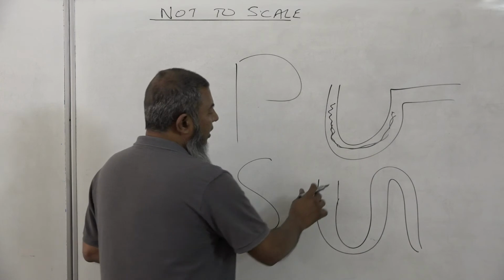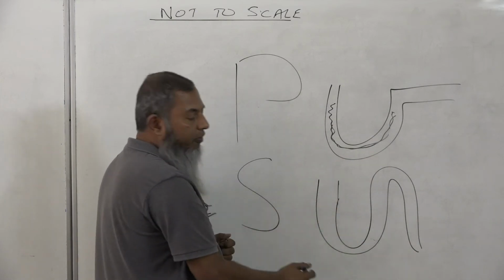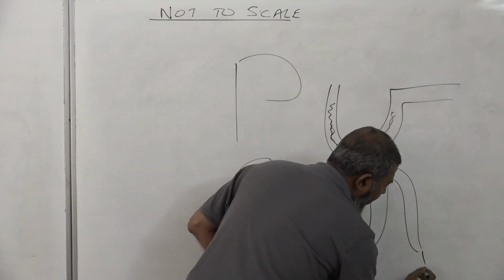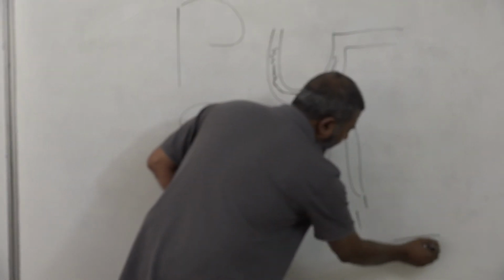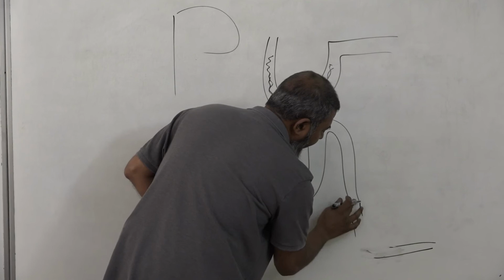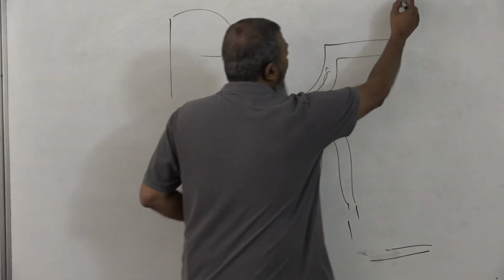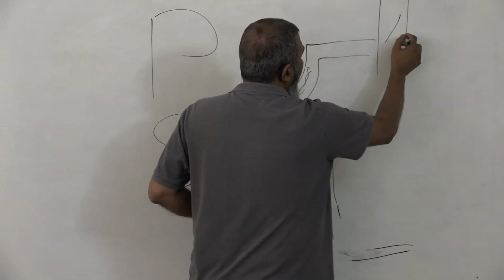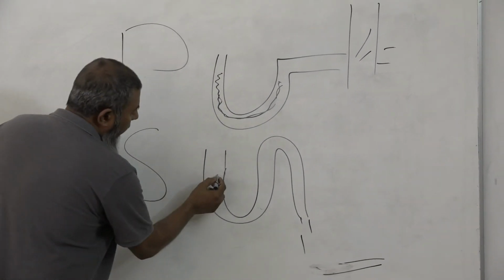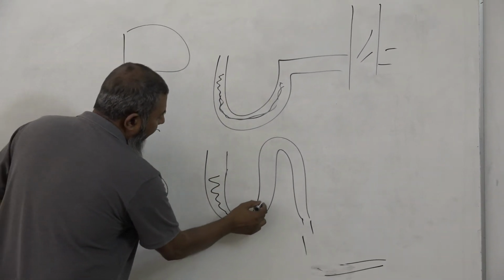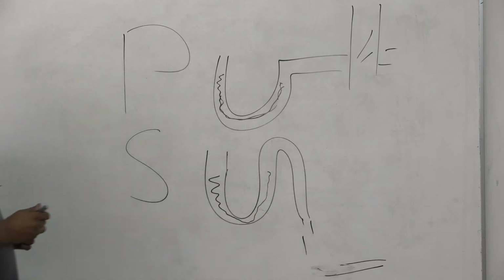What happens here? These are used in areas where the pipe is going underground. S trap. P trap goes through the wall. S trap goes underground. Again, water will be filled up here, creating a seal.